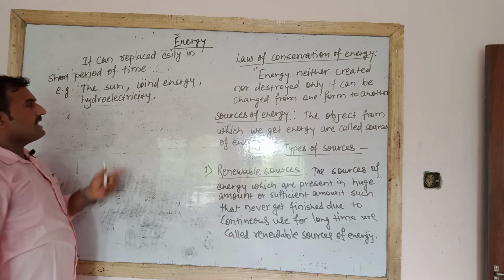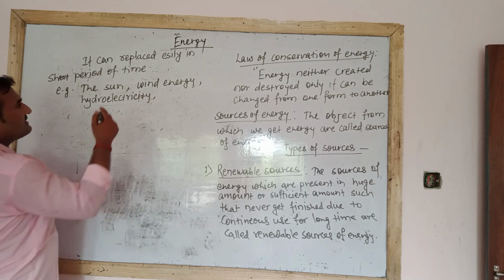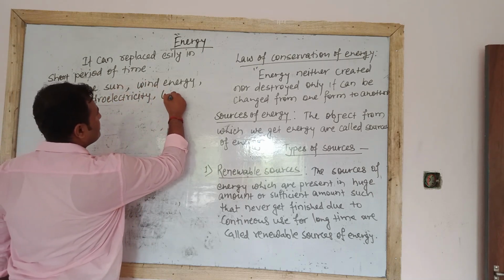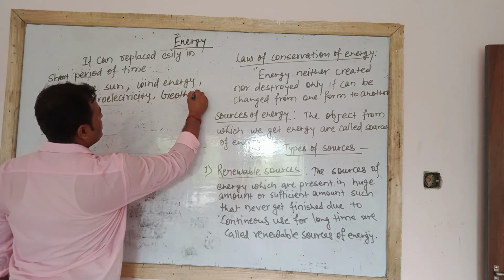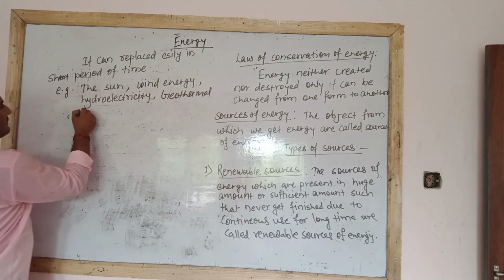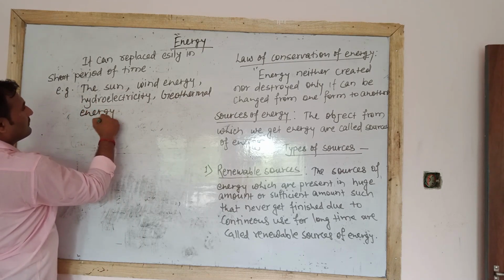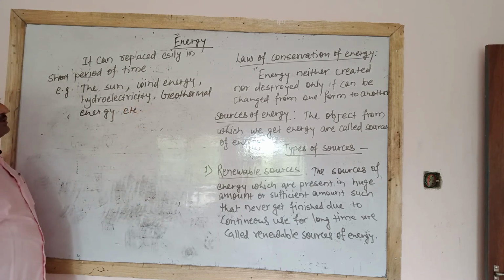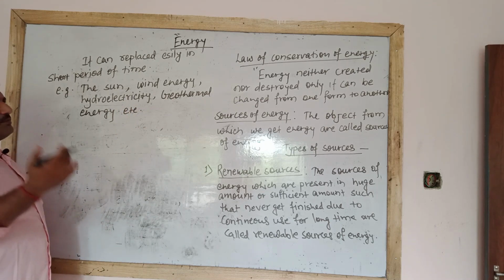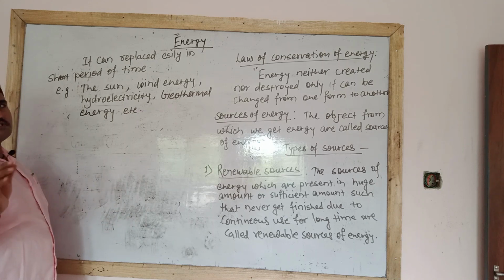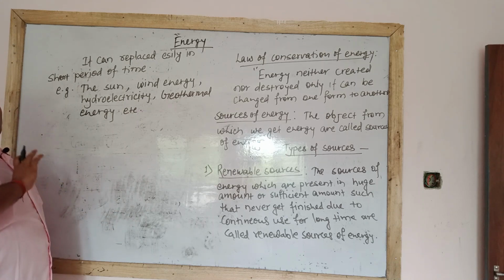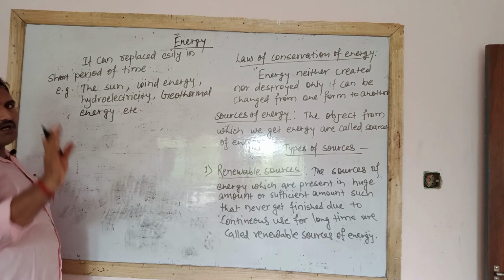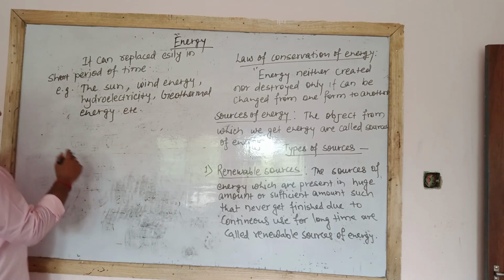It never gets dried up. Other we can write geothermal energy. This type of energy is called a renewable source of energy. Why? Because these are present in unlimited amounts on the earth's surface and never get finished.